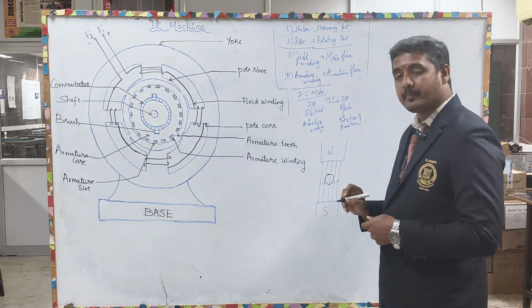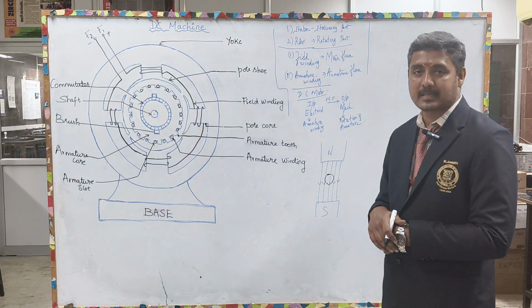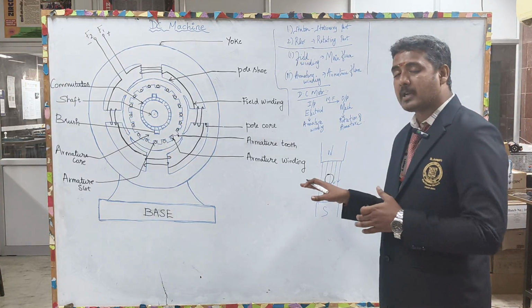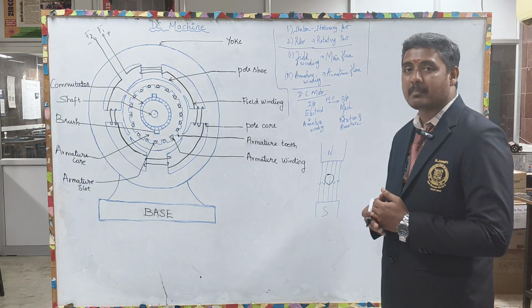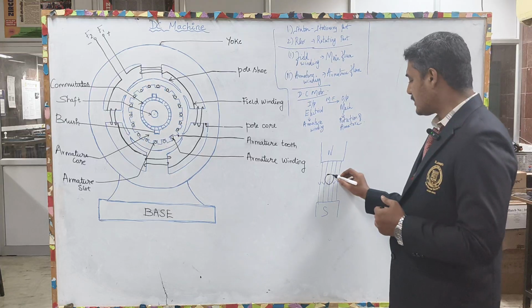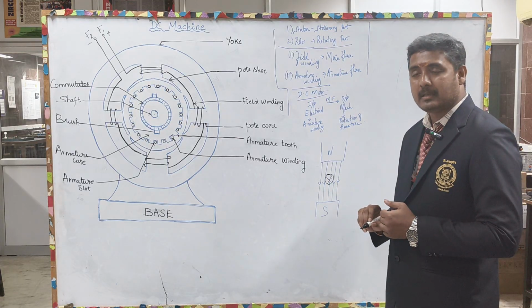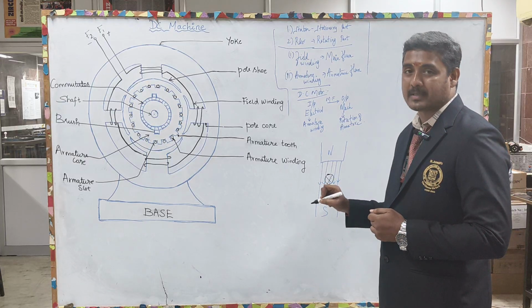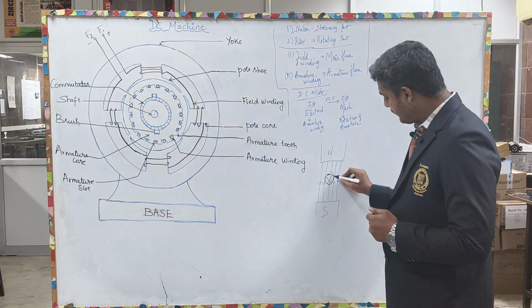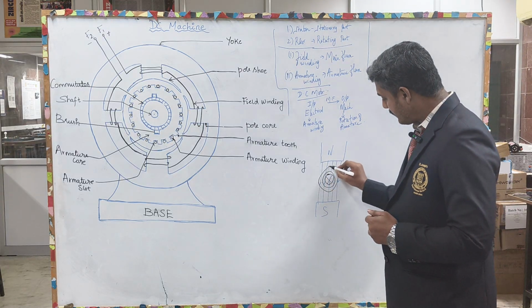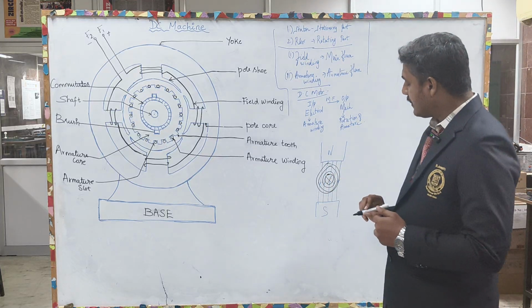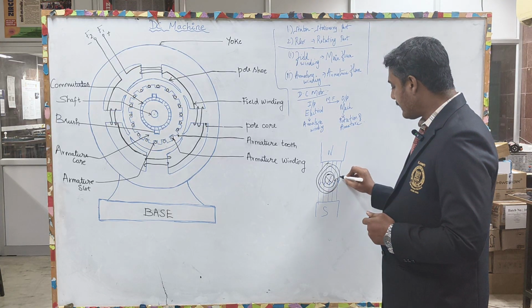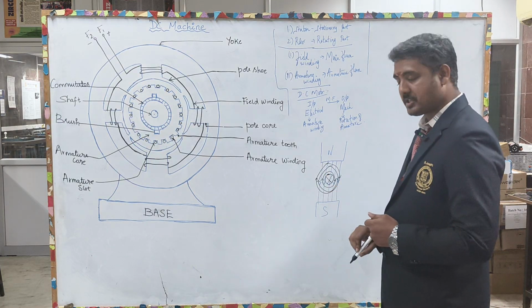This armature has an armature winding which is placed in the slot, and when that armature winding is excited, assume you give a supply to the armature winding into the plane of paper, assume that is a cross, then this armature will produce the magnetic lines of force in clockwise direction as concentric circles.